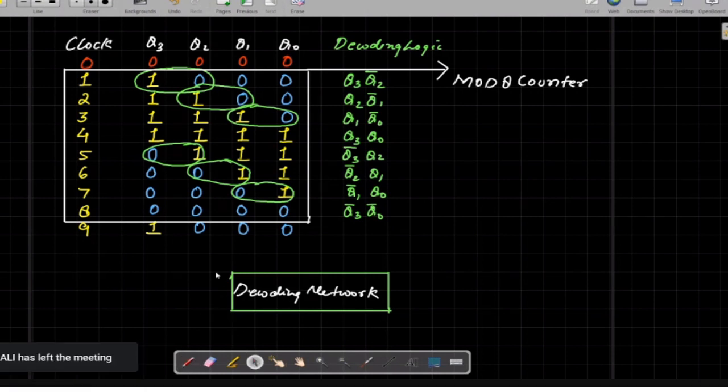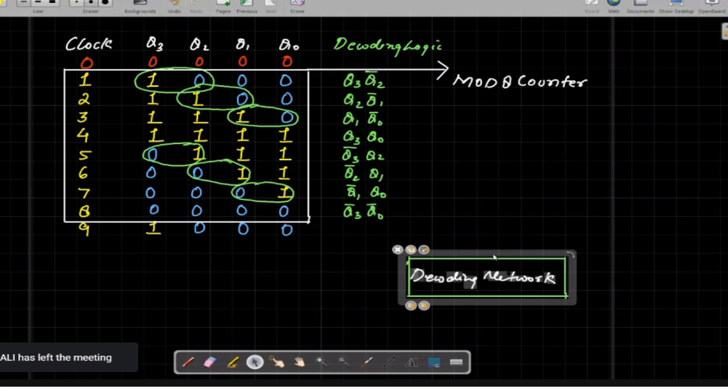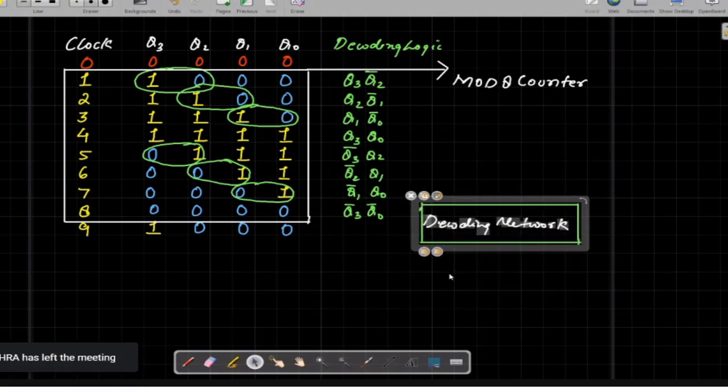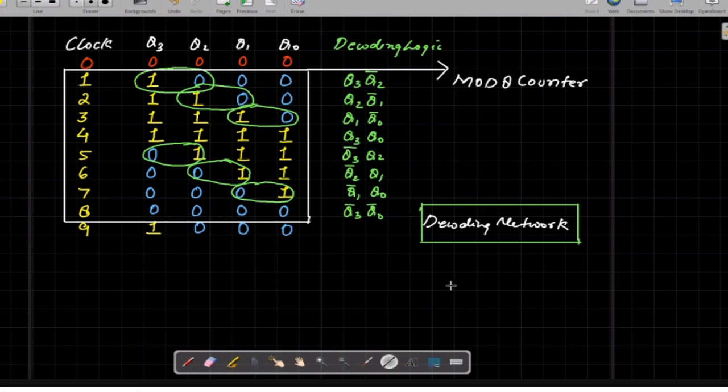So let me draw it here, as I require more space. Decoding network, and this is my Johnson counter. Let me say this is my 4-bit Johnson counter.